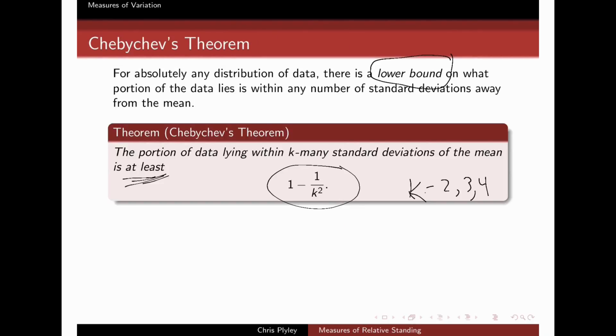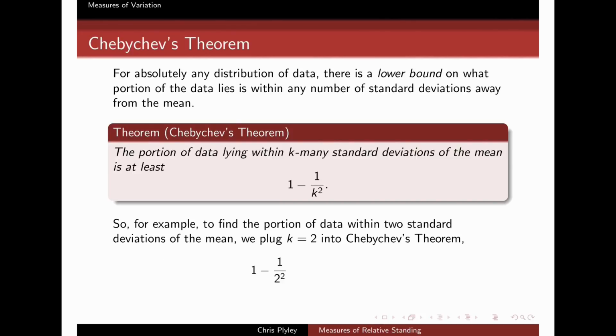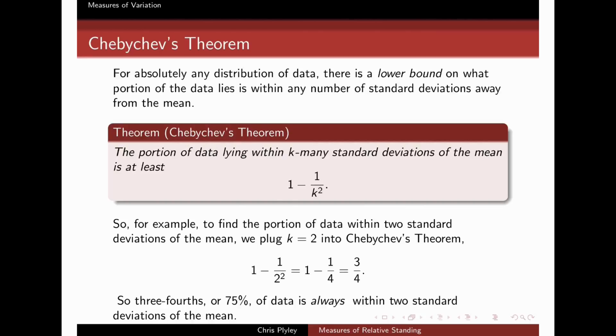If I use Chebyshev's theorem and plug in k equals 2, then the portion of data lying within 2 standard deviations of the mean is at least 1 minus 1 over 2 squared. 1 minus 1 over 2 squared is just 1 minus 1 over 4, and 1 minus 1 over 4 is 3 over 4. So what this theorem tells us is that for any set of data, I always have at least 75% of the data points within 2 standard deviations of the mean.